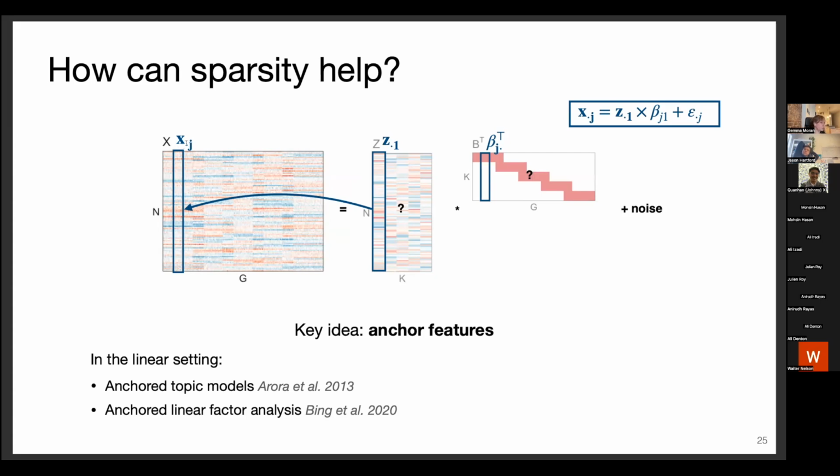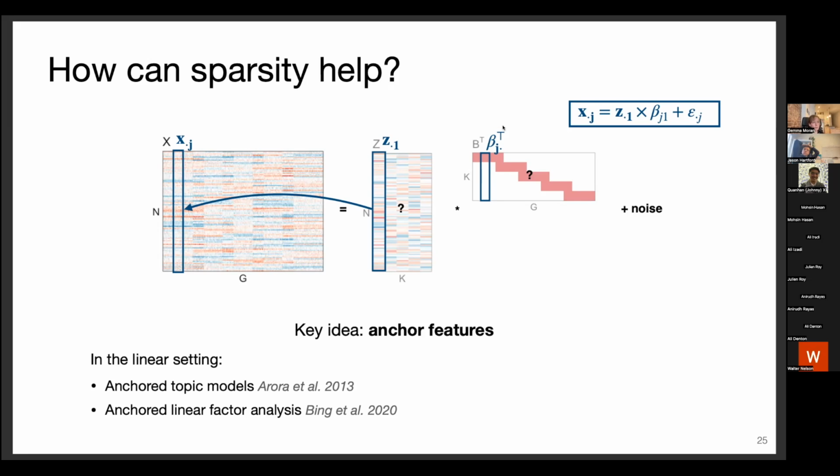This could be gene J, for example. And this gene or this feature depends only on one coordinate of the latent space. So this is an anchor for that particular coordinate or factor, Z1 in this case, because it's only a function of that Z1. This anchor structure is sparse in that the loadings matrix will have just one non-zero value, and the rest of the column will be zeros.